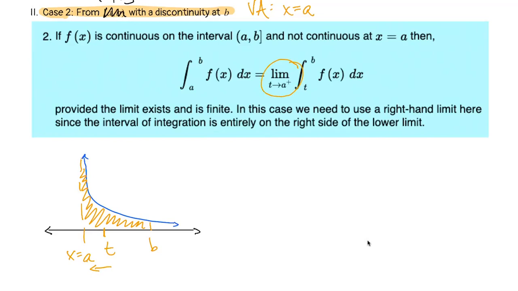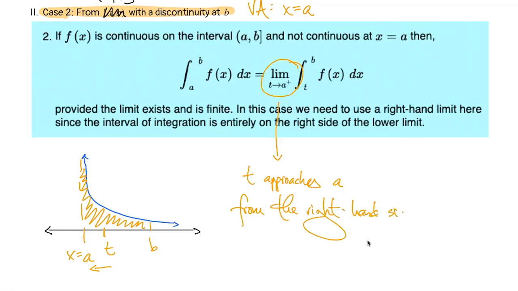So t approaches a from the right-hand side, and that's why we have the plus sign there.